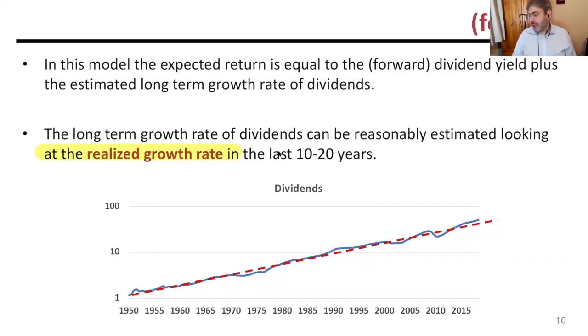So as you can see here, there are the historical dividends for US companies between 1950 and 2019, I think I did this graph. So there is a growth rate. Now, you need to learn to read graphs. This is a logarithmic scale, okay?